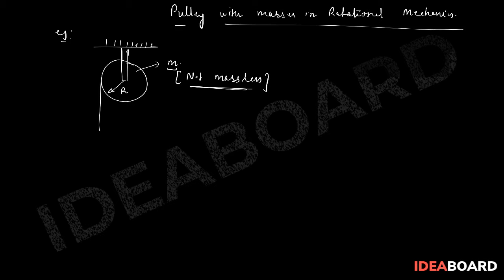And suppose this pulley has at one end m1 mass and at the other end m2 mass, and this is the string which is connected and passes over the pulley.